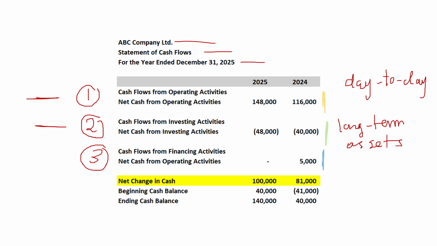Well, you're about to see that, right? So for investing activities, it describes how cash is used to buy or sell fixed assets, those big machinery, properties, facilities, vehicles, those kinds of fixed assets.